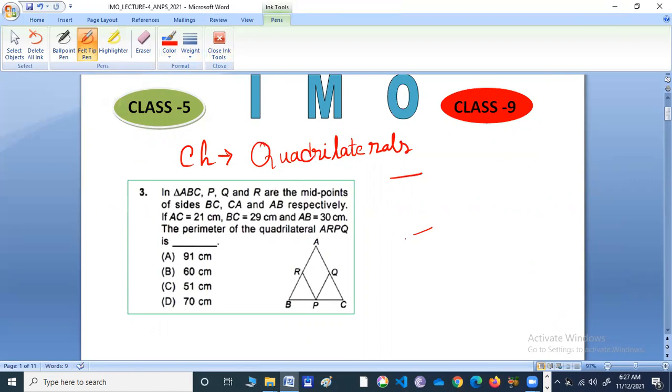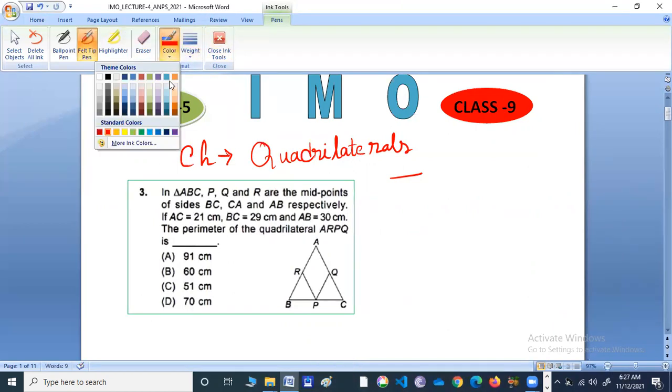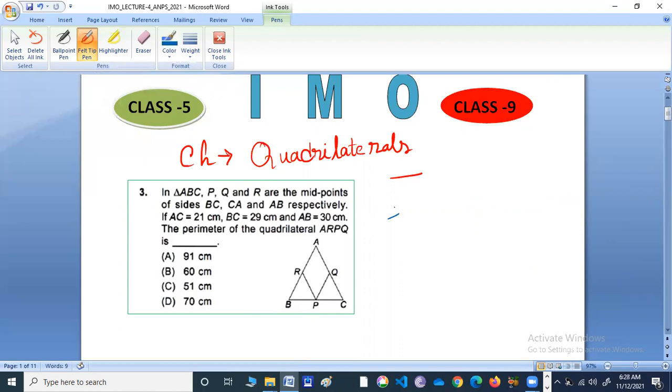Let us check another color. Okay, so triangle ABC is given. P, Q, R are the midpoints of the sides BC, CA and AB.